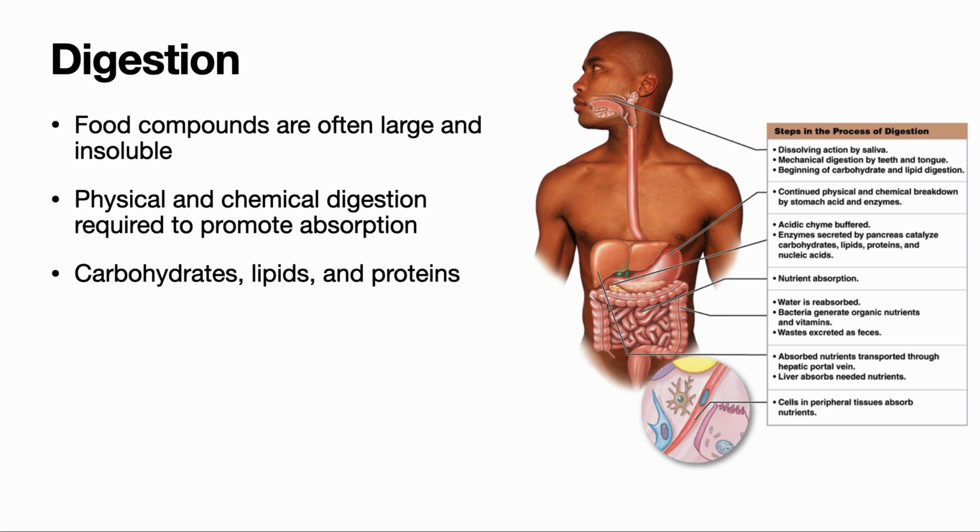So we have two issues there that we need to address through digestion, and that's why we are going to need both physical and chemical digestion, because we're going to need to break physically some of these compounds down into smaller pieces, and then we're also going to chemically digest them into smaller pieces so that ultimately those nutrients can be absorbed across the epithelial lining of the digestive tract. And the ones we're going to focus on, as I mentioned, are going to be carbohydrates, lipids, and proteins. We don't really focus on nucleic acids since that's not a primary goal of the digestive system.